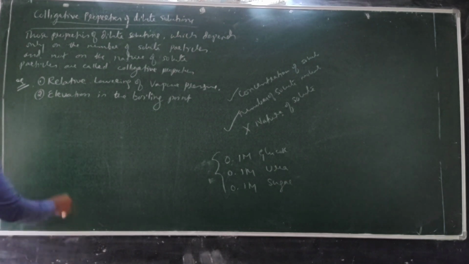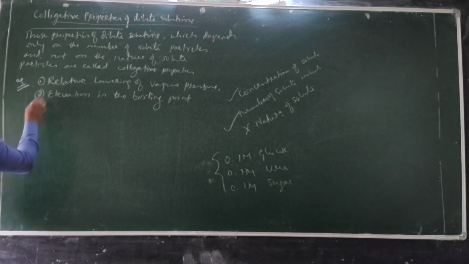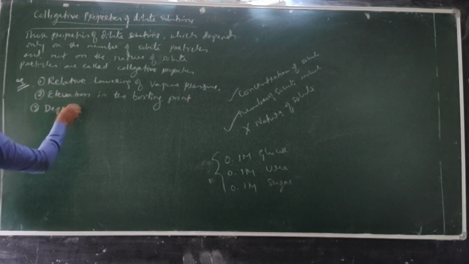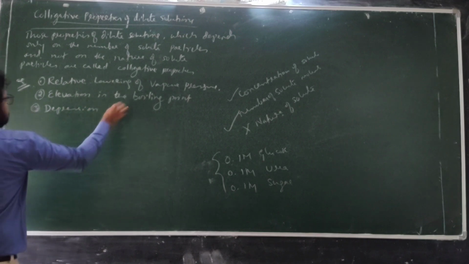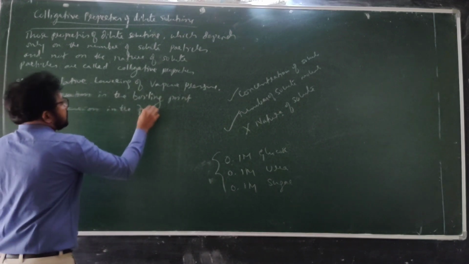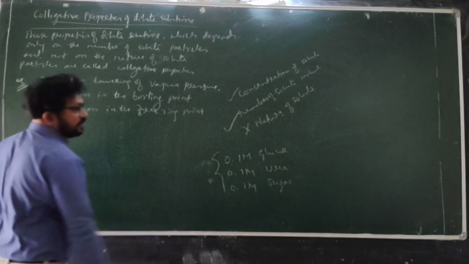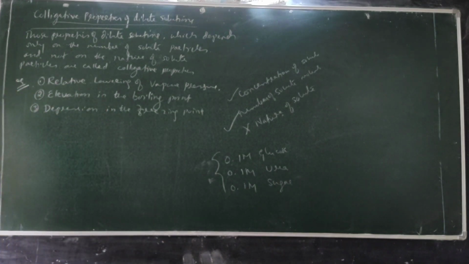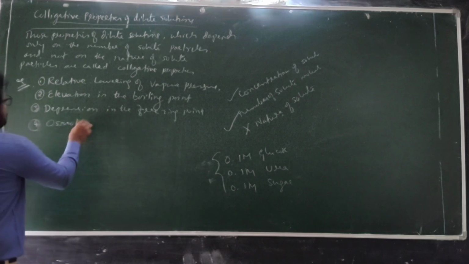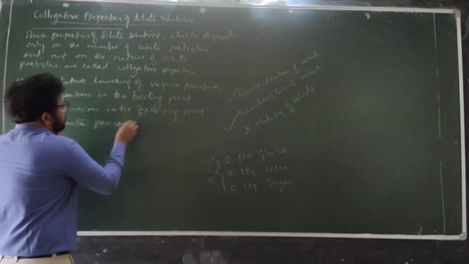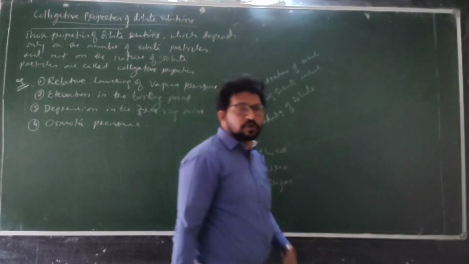Elevation in the boiling point. This is the colligative property. Depression in the freezing point. This is also a colligative property. Osmotic pressure. Osmotic pressure is a colligative property.